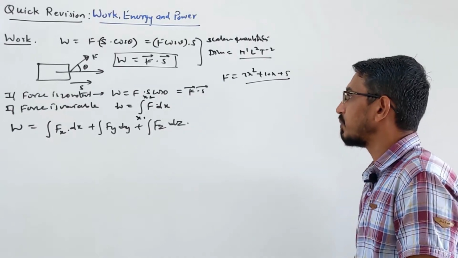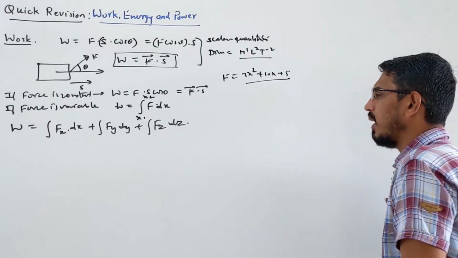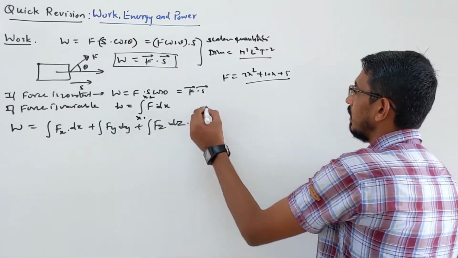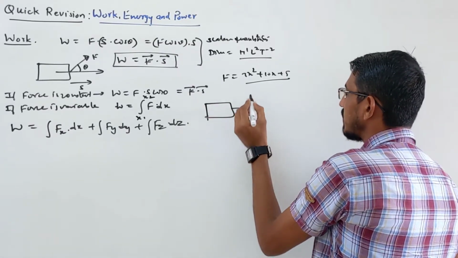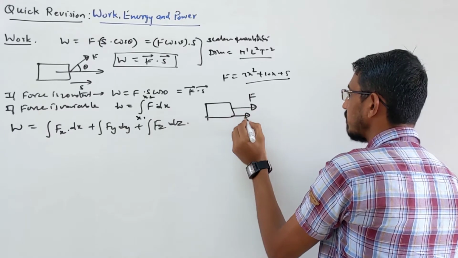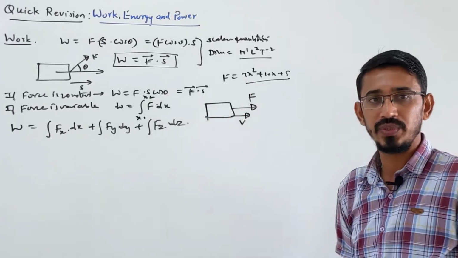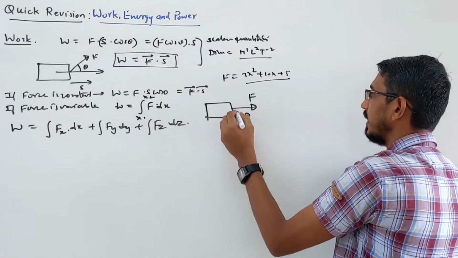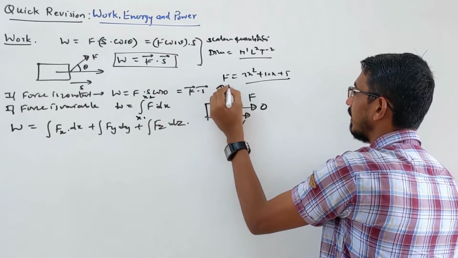Now we learn how we call work positive and how we call work negative. If the body is getting displaced in the direction of force, then work is called positive, exactly from 0 to 90 degrees.